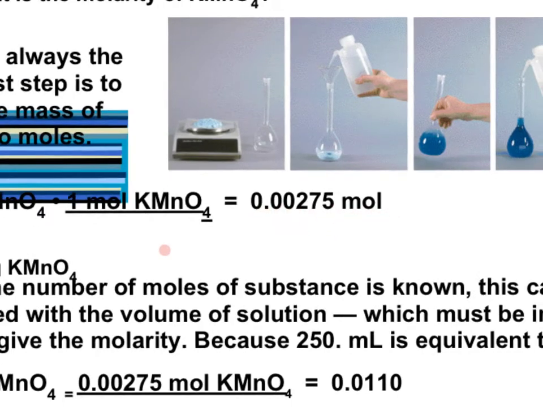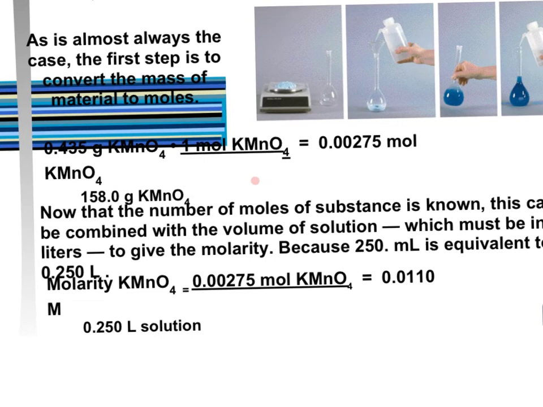And once you have your moles, you're just going to divide it by the liters. Actually, they give you the volume in this one. Your volume is 0.25 liters. So the molarity is 0.00275 moles divided by 0.25 liters, and then you just do your calculations.